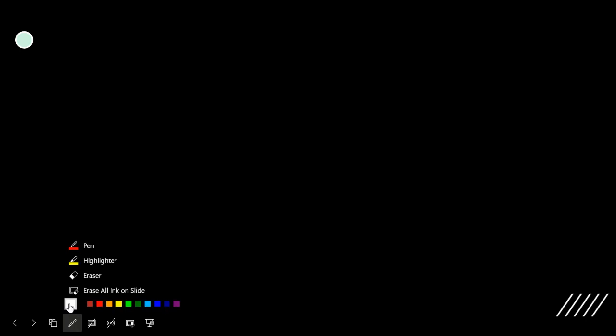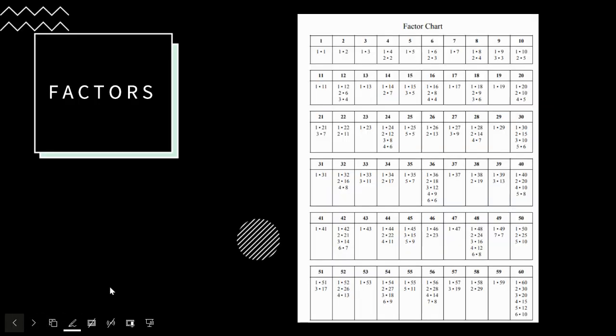Let's say we want to find the square root of 75. So the first thing that we're going to have to do is find the factors of 75. Now I gave you a list inside of Schoology of all of the factors. So you can see here, these are the factors for 1 through 60. In Schoology, it goes all the way to 100.